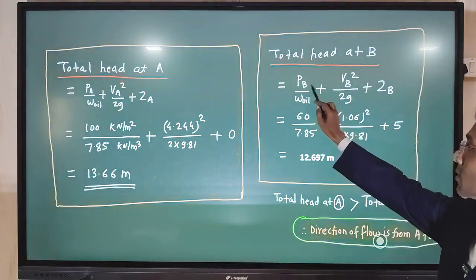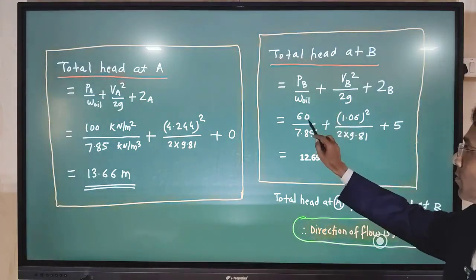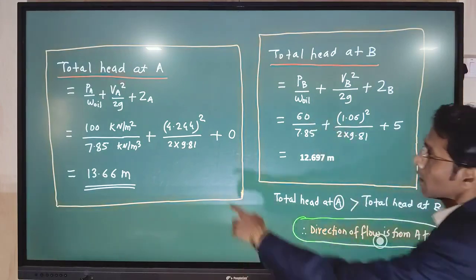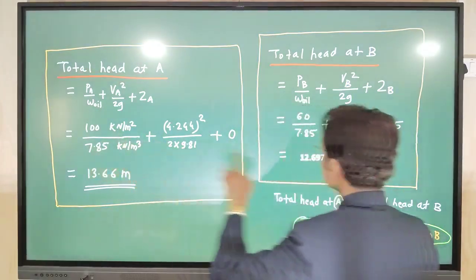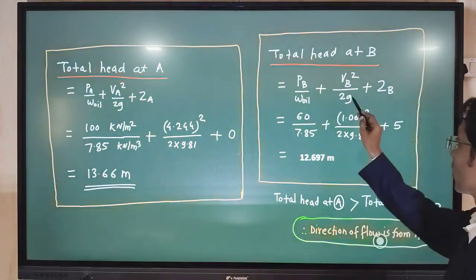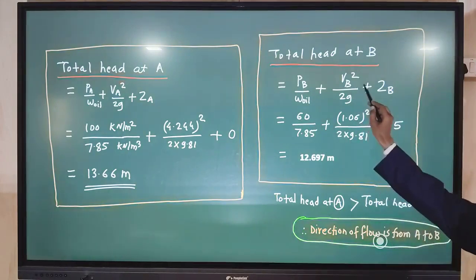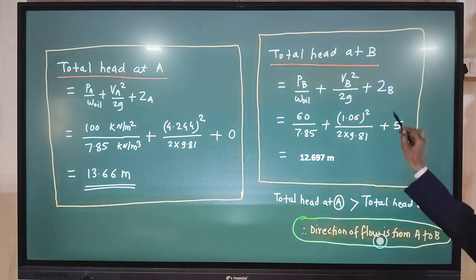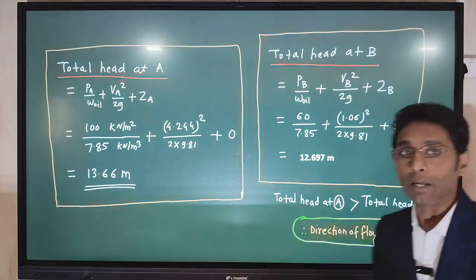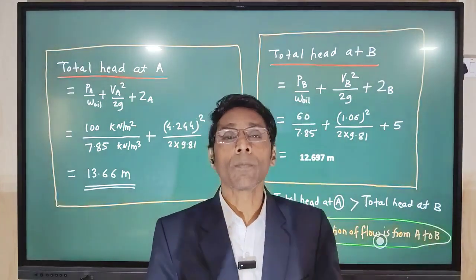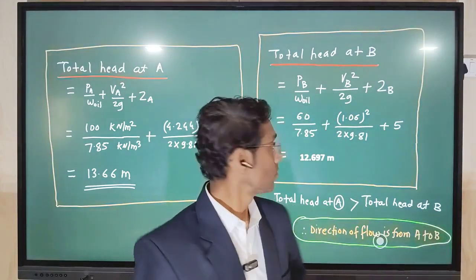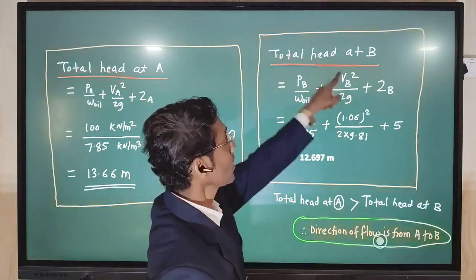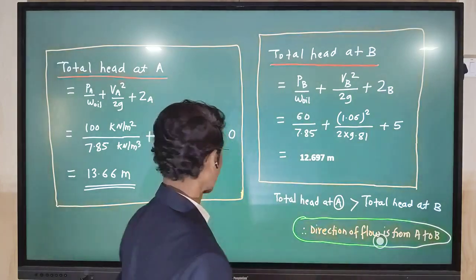At section B, pressure value is given as 60 kilopascal, means kilonewton per meter square, divided by W of oil, which is constant specific weight, plus the calculated velocity at section B square divided by 2 into the value of G, plus location B is 5 meter above location A, so that is why plus 5. Doing the calculation, we get total head at B in meter.